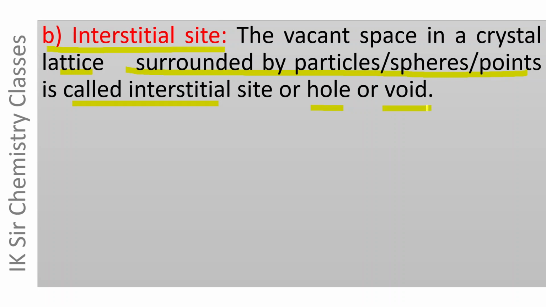Please let us see it again. The vacant space in a crystal lattice which is surrounded by particles or spheres, that is points, is called interstitial site or hole or void.